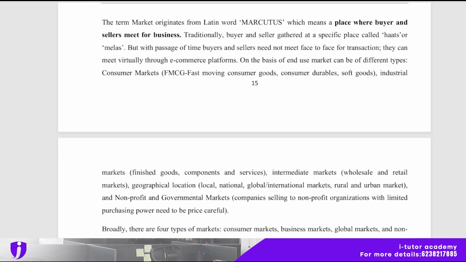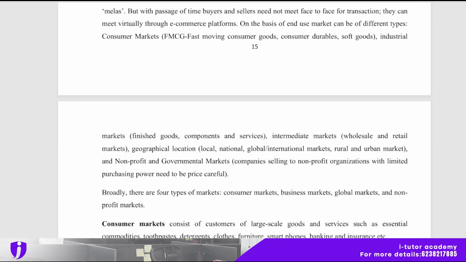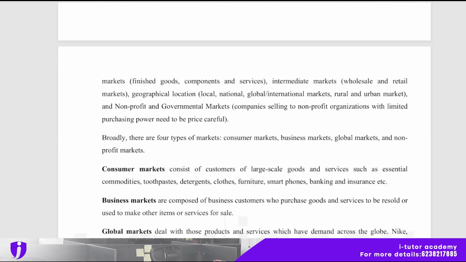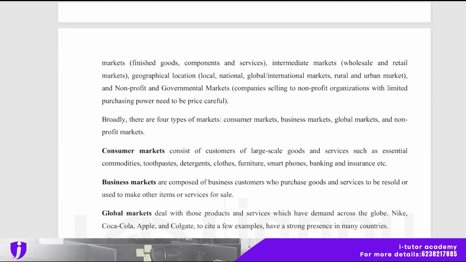On the basis of end use, markets can be of different types. Consumer market, that is FMCG, fast moving consumer goods, consumer durables, soft goods, and industrial market, that is finished goods, components and services. Intermediate market, wholesale and retail market. Geographical location, that is local, national, global or international market. Rural and urban market, and non-profit and government market.